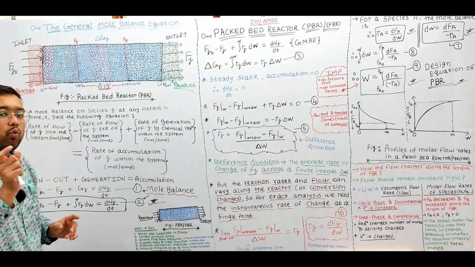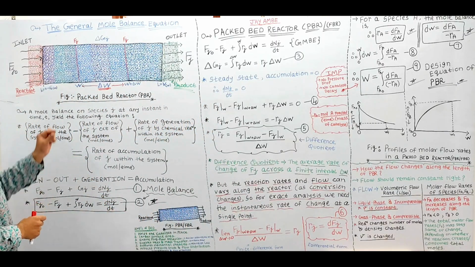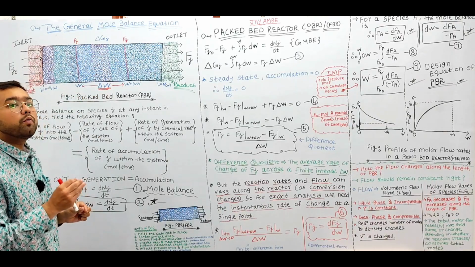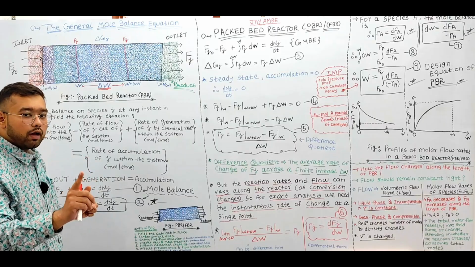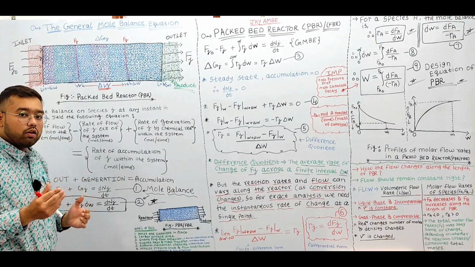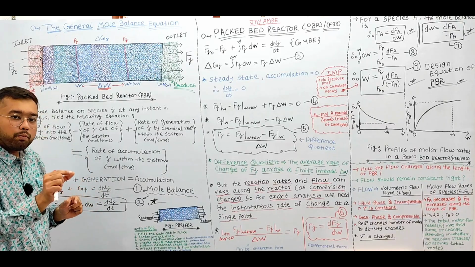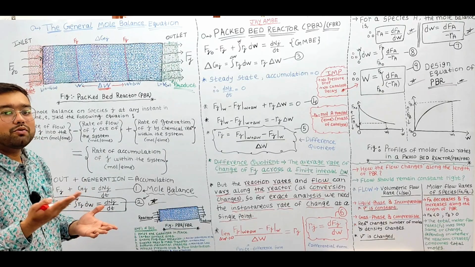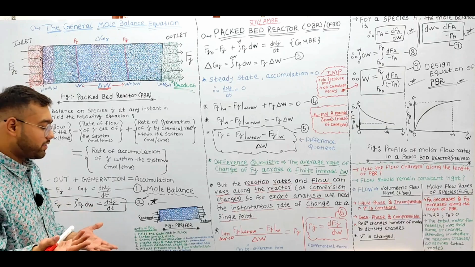So the weight of the infinitely small part will be 0.0001 gram, right? Which is very small. So delta W, the infinitely small part, will tend to 0, because delta W is equal to 0.0001.